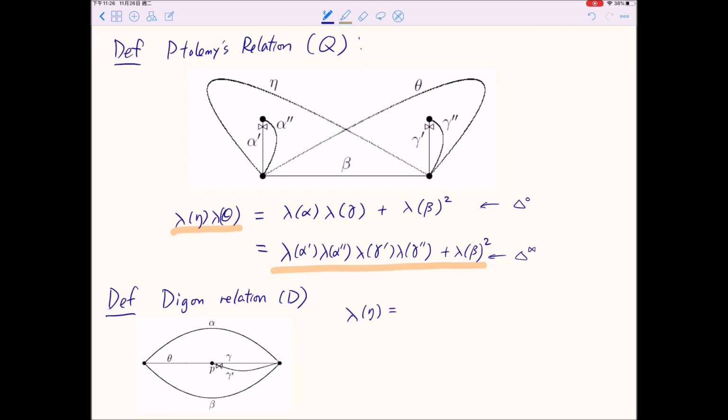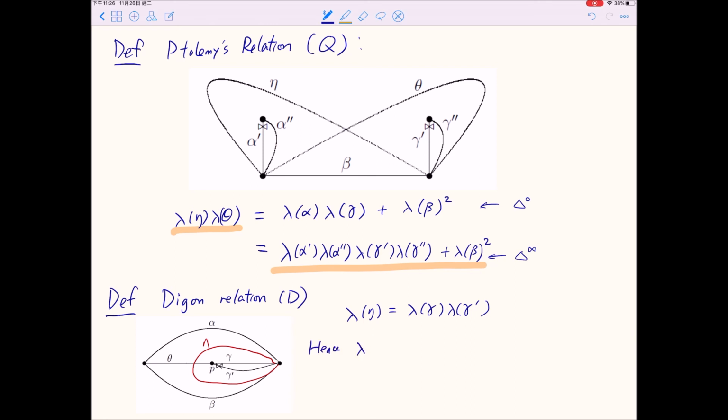So previously we have the eta going this way, but now we know that the lambda length of eta will be the product of gamma and gamma and gamma prime in this notation.